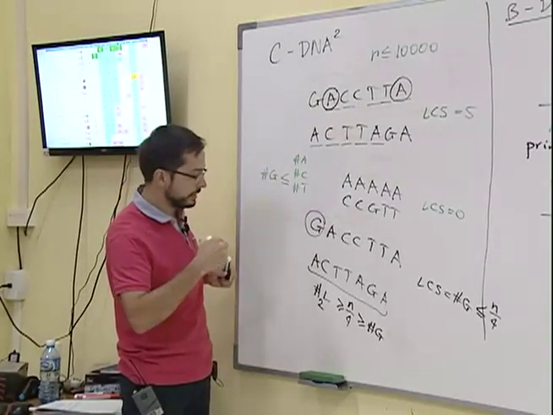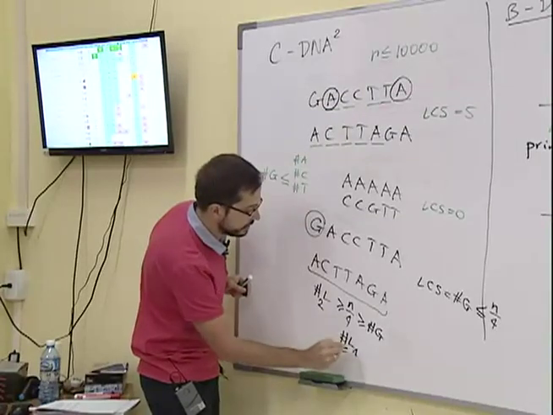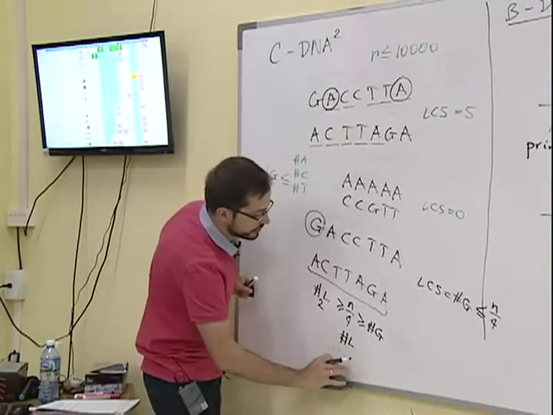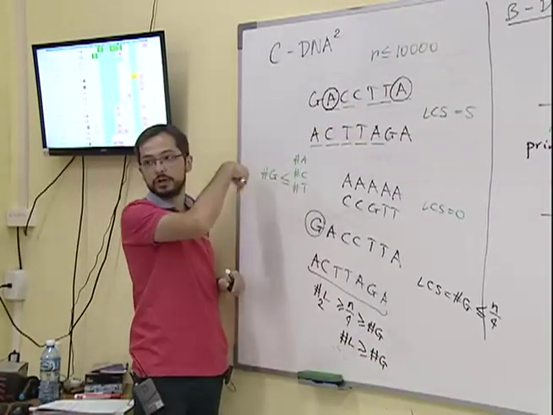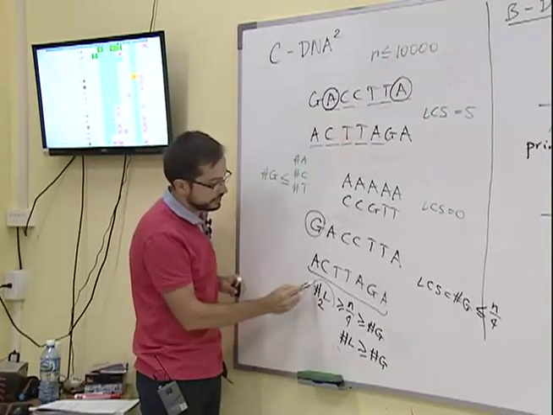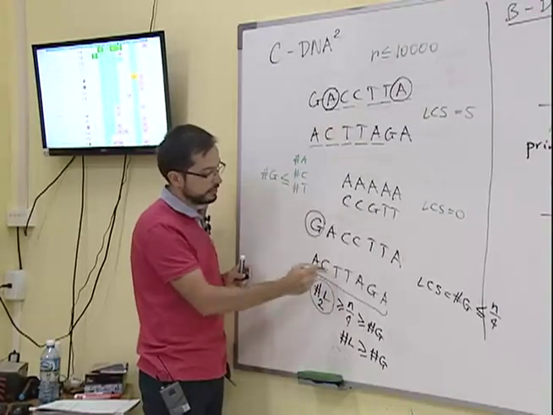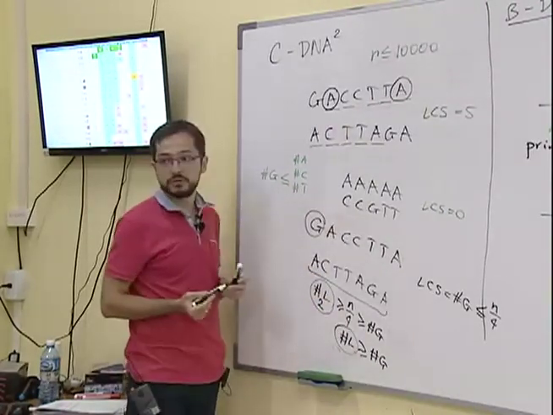All right, but the number of letters L which appear in the first string is also greater than or equal to the number of G's. Yeah, because we have this one. So it means that this number, the number of letters which appear here and the number of L's which appear here are at least G.